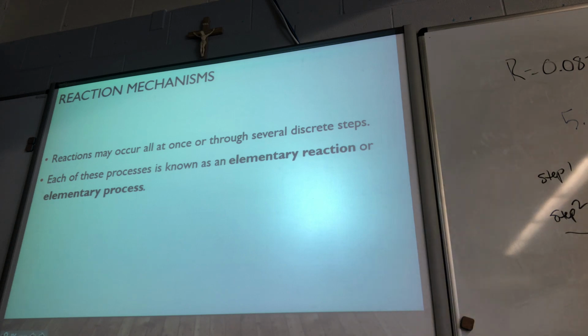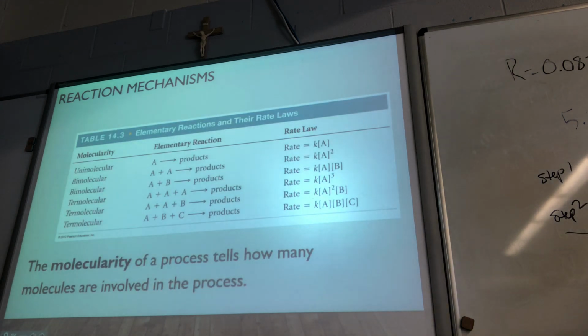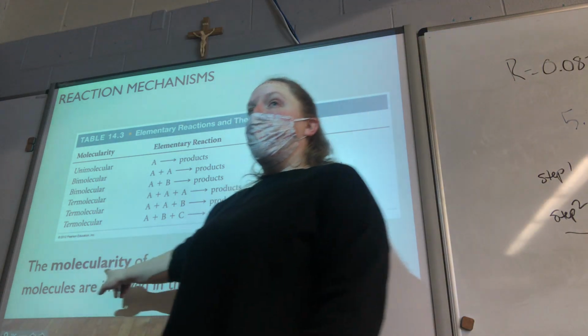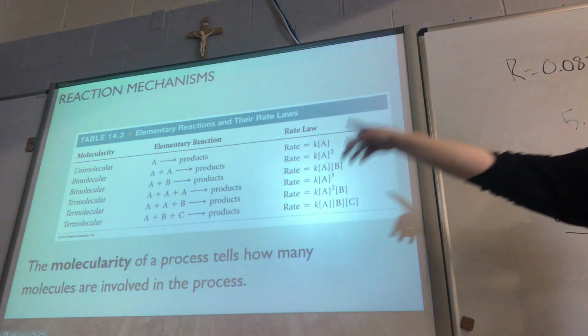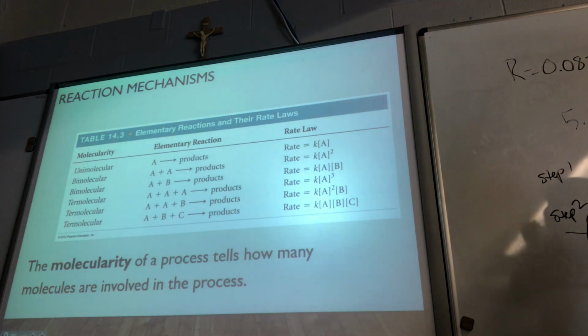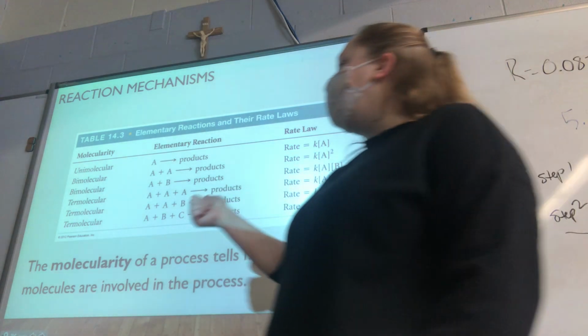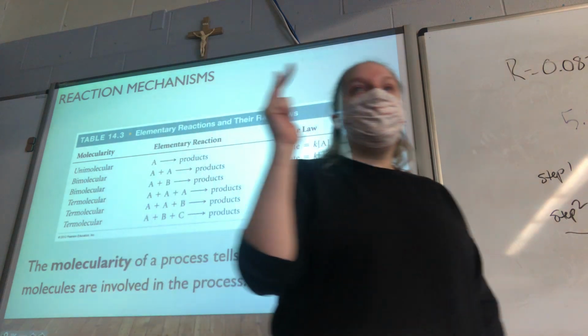When it comes down to it, each individual step can be referred to as an elementary process. It's just kind of terminology. Don't focus too much on that. What I do want us to focus on is the fact that when we add things together, so when we look at different reactions, we can refer to them in a molecularity form. Okay, and hopefully you can kind of see the pattern if you just study this table for a little bit. We can call something unimolecular, bimolecular, termolecular.